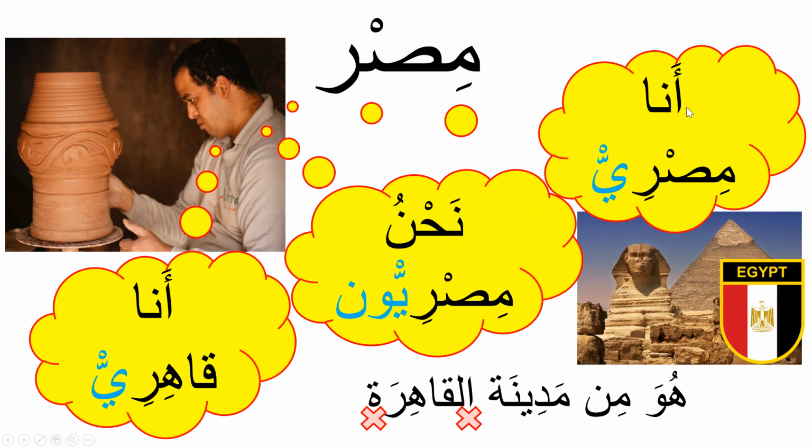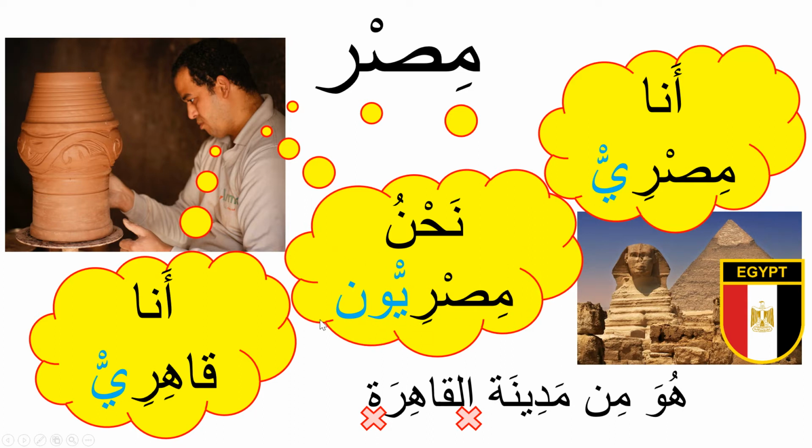So he can now say Ana Misri, or whatever he's working on, that clay pottery. Hua Misri, it is Egyptian. And then we already talked about Nahnu Misriyun.